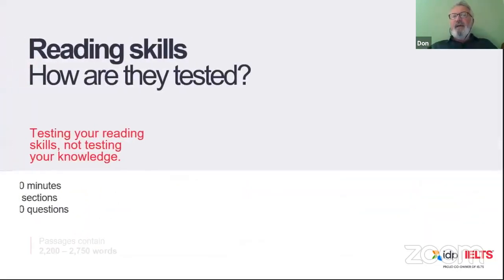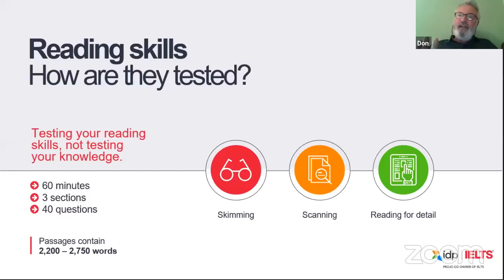Okay. The thing about reading is we have to test first if you can understand what you read, and second, how efficiently you can read. If we gave you 4 hours to do a reading test, well, we could assess whether you understood, but could you read efficiently?